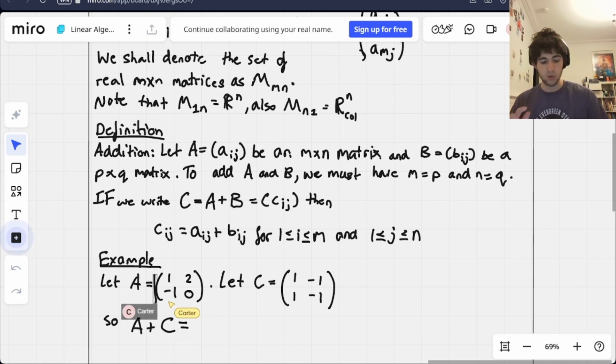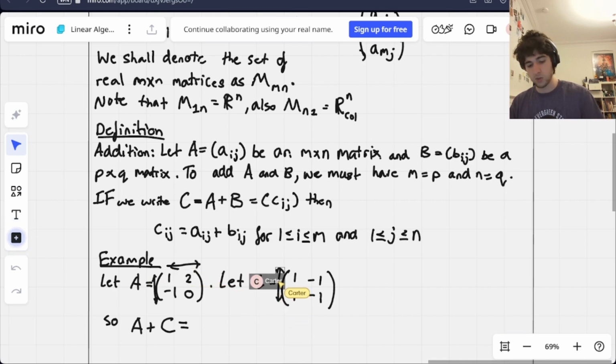So this is a 2 by 2, so that's good. And this is a 2 by 2, so we can add these two matrices, that's good. And then we need to add their components, so we're going to add them one by one. So 1 plus 1 is 2, 2 plus minus 1 is 1, minus 1 plus 1 is 0, and 0 plus minus 1 is minus 1, right?